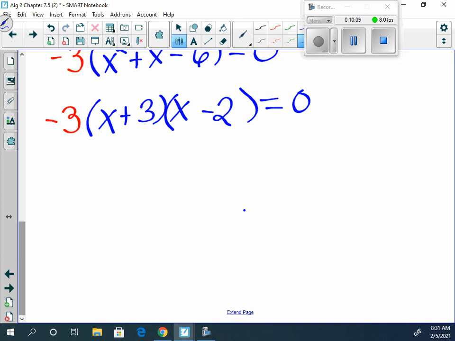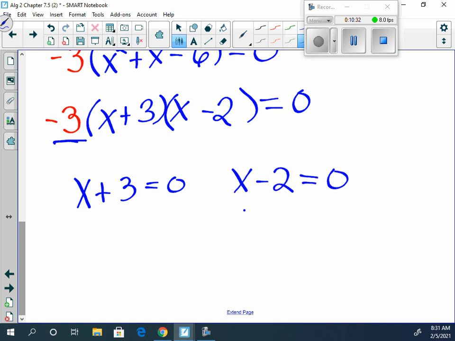And again, as we said, when I have more than one thing multiplied together to be 0, one of them has to be 0. Well, we already kind of talked about it. Negative 3 can't be turned into 0 because we have no place to plug a number in. So we're just seeing x plus 3 and x minus 2.